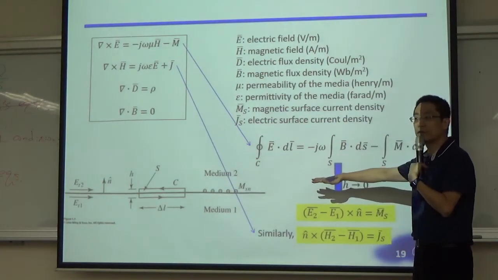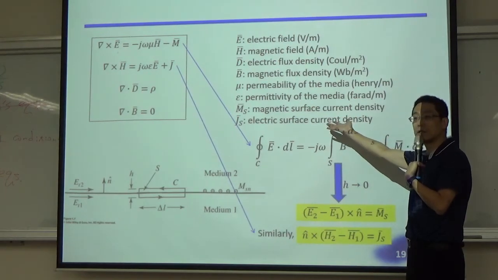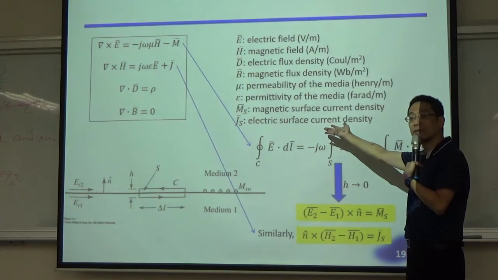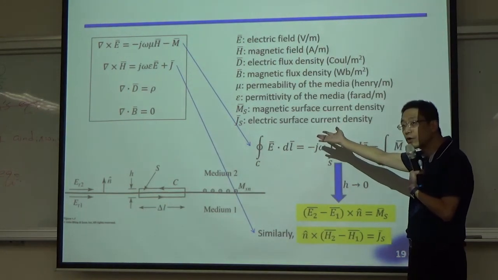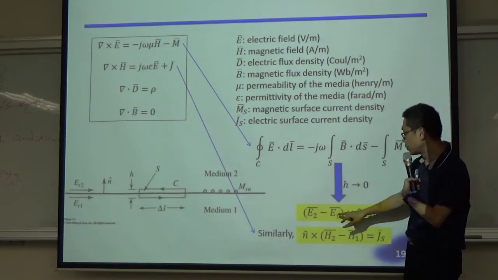This is more complicated than Gauss's law because the direction is changed. You need to consider different directions. But if you don't consider the direction, you want to know the magnitude only, it's very similar.